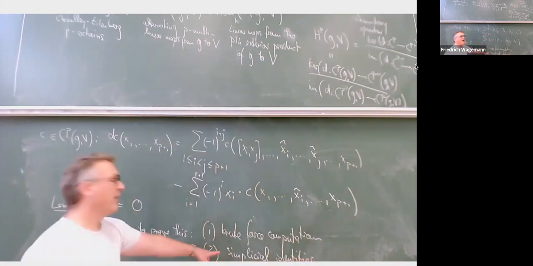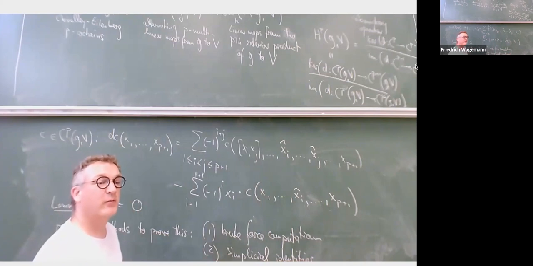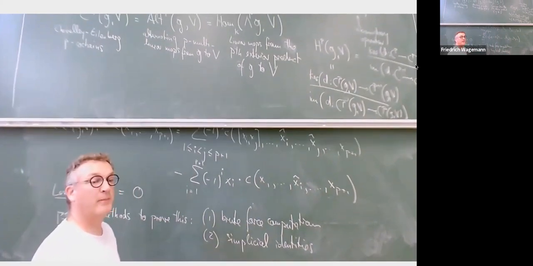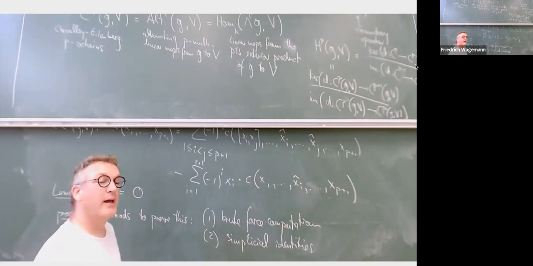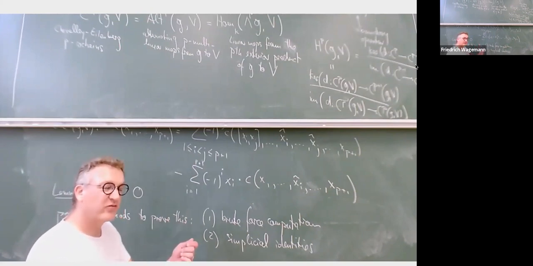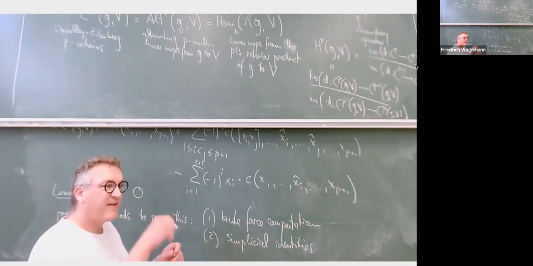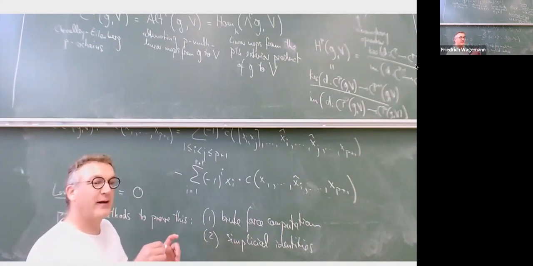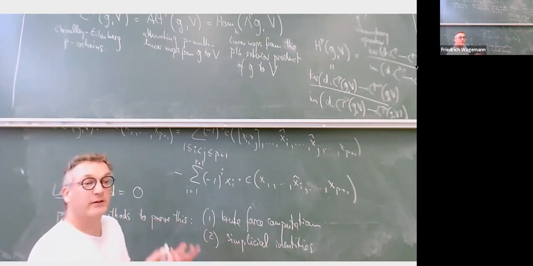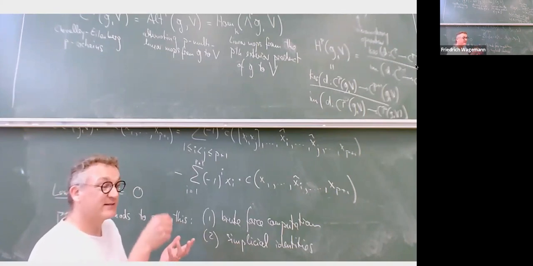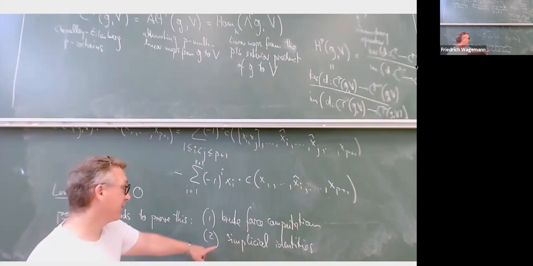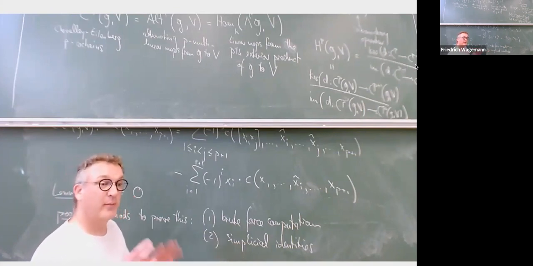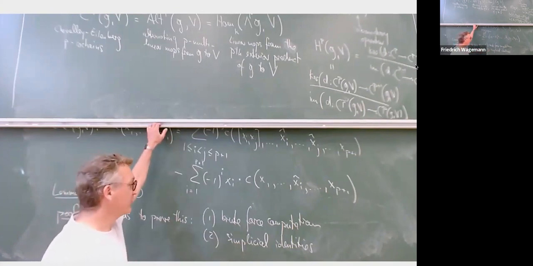Maybe you are familiar with this concept. Every time you have a simplicial vector space with face operations di, you can take the alternating sum of the di, and this gives you a co-boundary operator which satisfies d squared equal to 0. You can do this here, but this is not the way I want to show it.